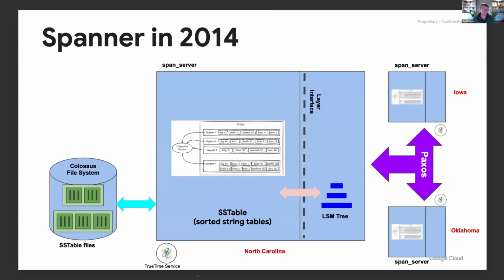So in 2014, when I joined Spanner, the system looked like this. Spanner was actually developed originally as a fork of the Bigtable code base. And so even though it was providing a SQL abstraction, underneath it all, it was using sorted string tables that were invented for Bigtable to store unstructured data.